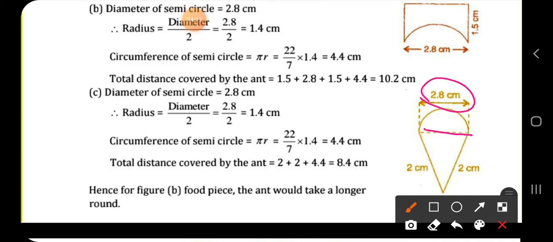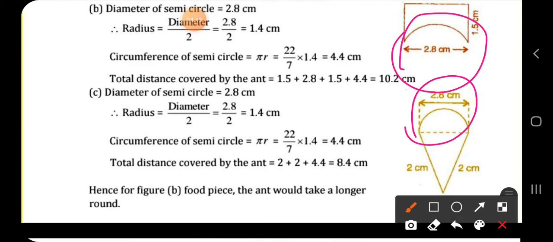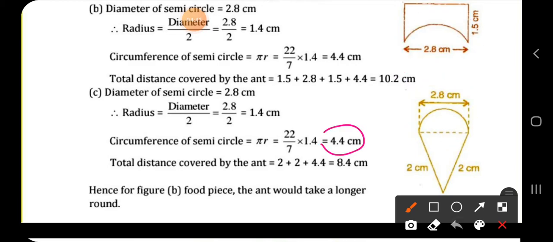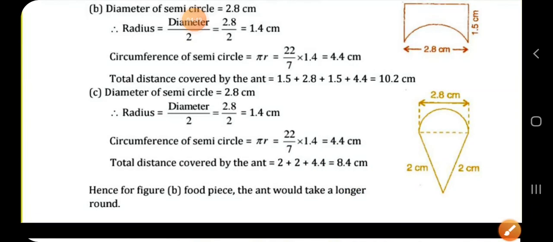What is the diameter? 2.8. This length is 2.8, so this diameter will also be 2.8. So the radius is 1.4, and since the diameter is the same as before, the circumference will be the same, 4.4. Now add them up: 2 plus 2 plus 4.4, so the answer is 8.4.